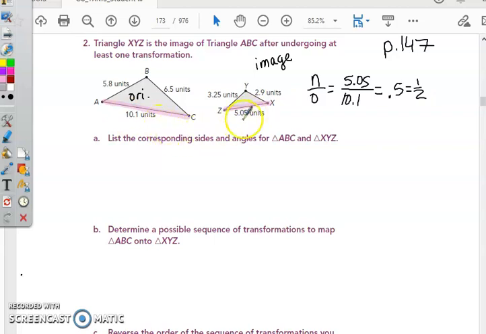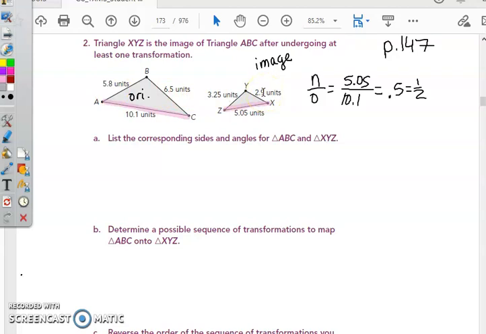Now we're going to check the other one. We're going to make sure the sides that we label are corresponding with a different color, because it's easy to think this one corresponds with this one, but if you look at it, 5.8 is less than 6.5. 3.25 is not with 2.9.